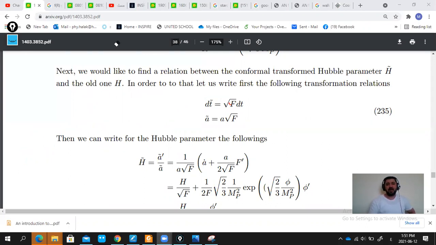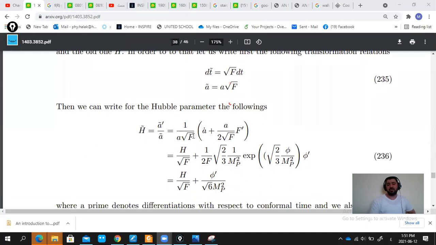Then we can define the Hubble parameter in the Einstein frame as a tilde prime over a tilde, where prime now is the derivative with respect to t tilde. What we are trying to do is write H tilde, the Hubble parameter in the Einstein frame, in terms of H, the Hubble parameter in the Jordan frame.